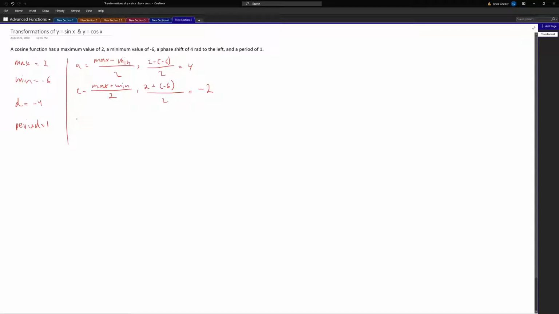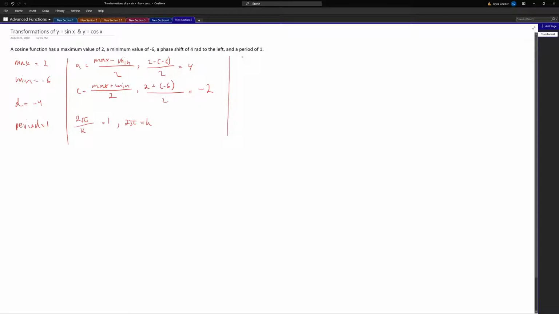Our k value we know is related to the following. So 2 pi over k is equal to the period, which is equal to 1. Therefore, 2 pi is equal to k, so k is equal to 2 pi. Now that we know all of these, we could write down the equation.